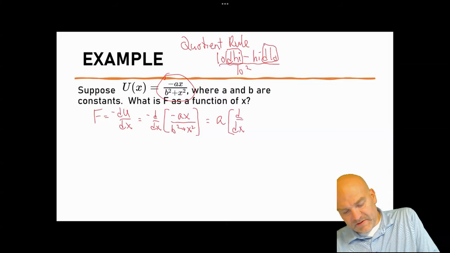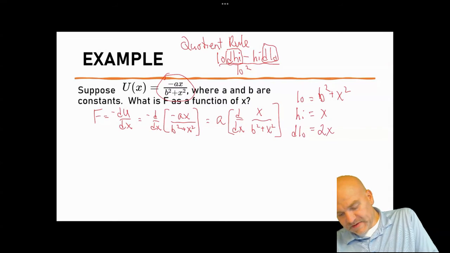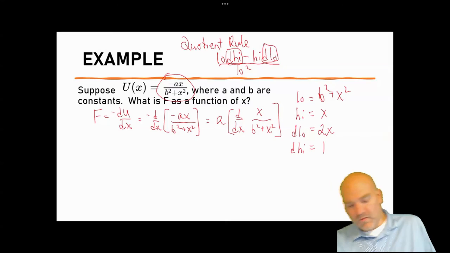So I'm going to find d/dx of x over b squared plus x squared. So my low is b squared plus x squared. My high is x. So my d low will be 2x, and my d high will be 1.